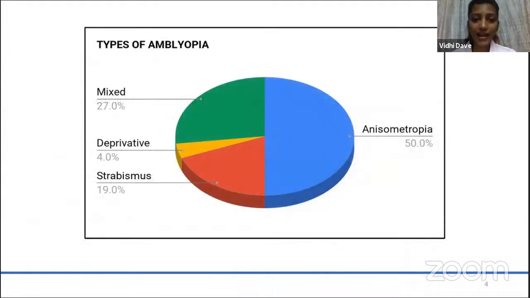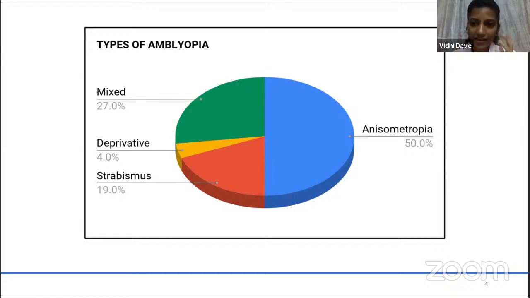Now, what are the types of amblyopia, or I can say what are the causes of amblyopia? There are four main causes which lead to lazy eye. Talking about anisometropic amblyopia. Now, a lot of us have glasses, right? But not many of us have equal numbers in both the eyes. So when we say there are different numbers in different eyes, it means that the refractive error in both the eyes is different.